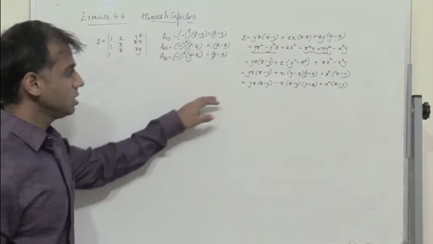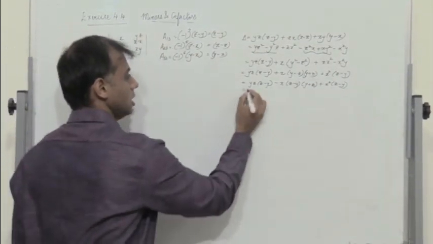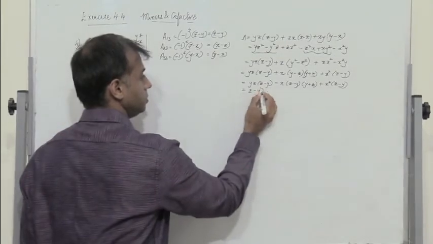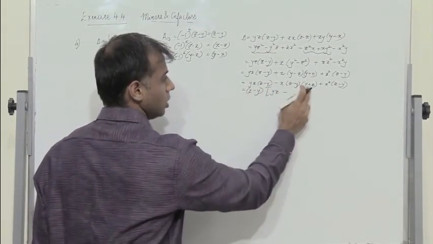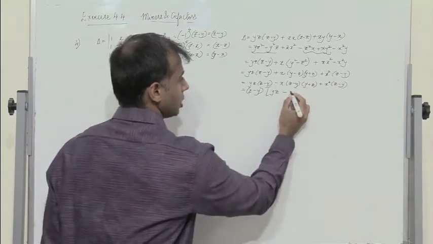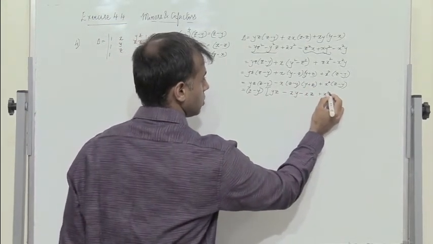So what is common in these three terms? It is z minus y. So I take z minus y common, and I am left with yz minus, let me expand the bracket, minus xy minus xz plus x square.